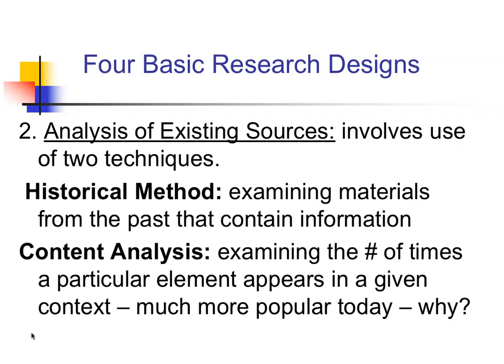So now we're going to move on to talking about the next type of way of having a research study set up. And this one isn't really a typical research design. Basically, in some situations, it might be possible to not have any kind of experiment or give out any survey.